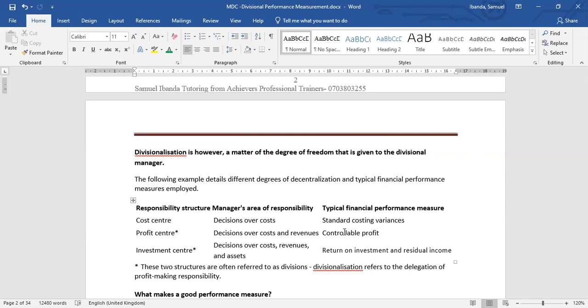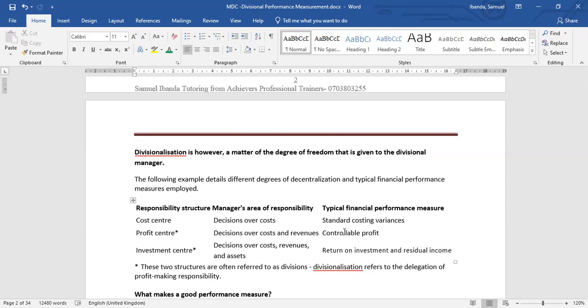Of course, an investment center, this is usually where a branch is in charge of its costs, revenues, and then of course assets. Okay, why we call it an investment center is because the manager or the division have autonomy over purchase of fixed assets. They basically have autonomy over investment in addition to the costs and the revenues.